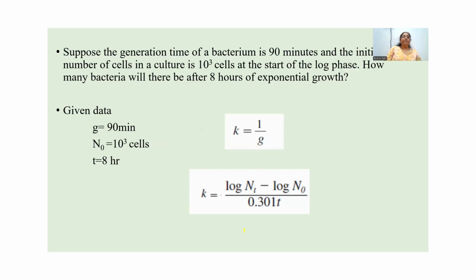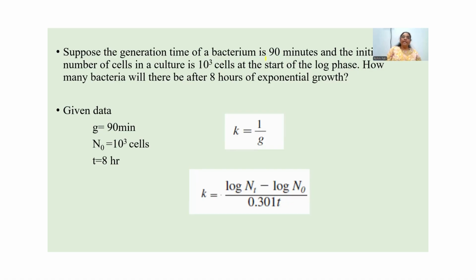The second example here: suppose the generation time of a bacterium is 90 minutes, and the initial number of cells in the culture is 10^3 cells at the start of the log phase. How many bacteria will there be after 8 hours of the exponential phase?